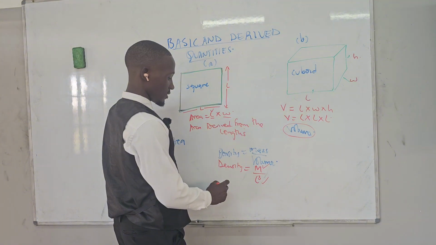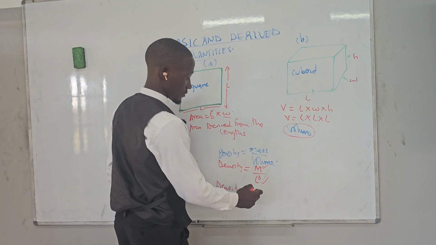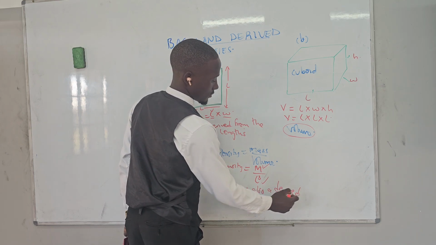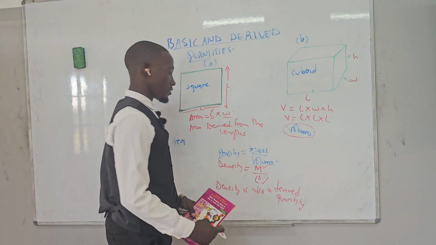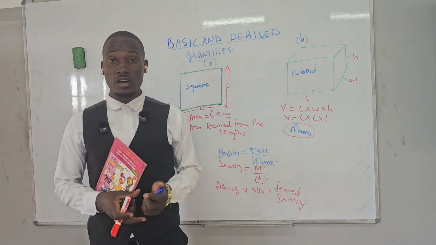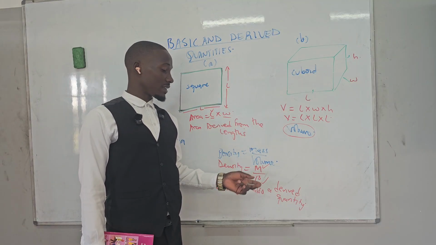So density is also a derived quantity. So this shows that density is also a derived quantity. Why? It is containing a combination of mass and length.